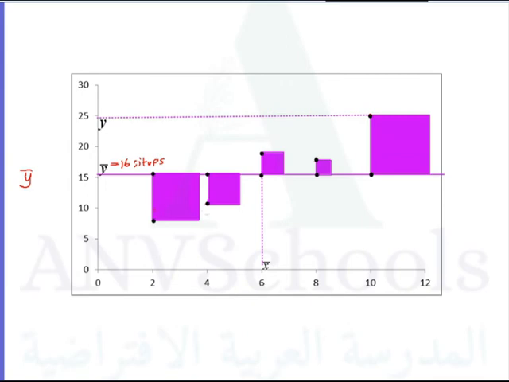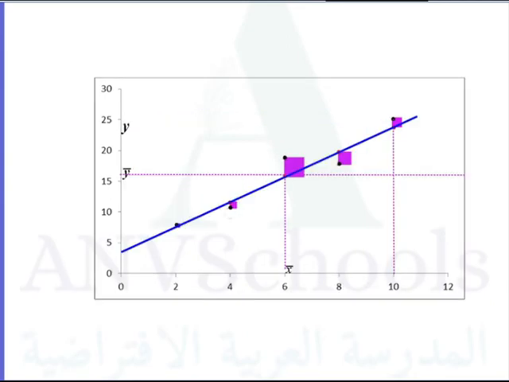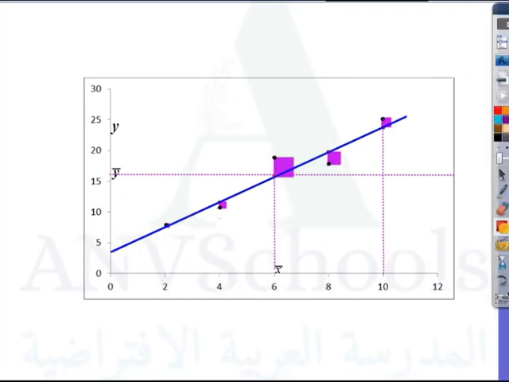But when we take the squares of the residuals with respect to a given slanted line, you can now see that the squares are much smaller. In this case, this is our regression line, and that's what we modeled.